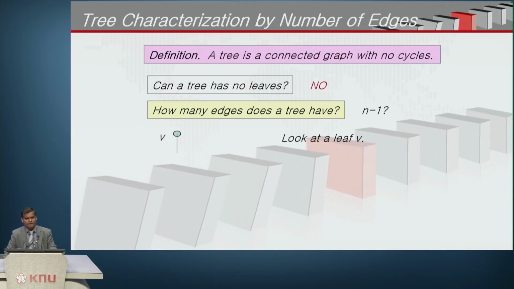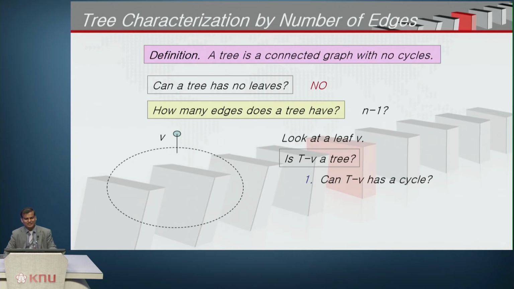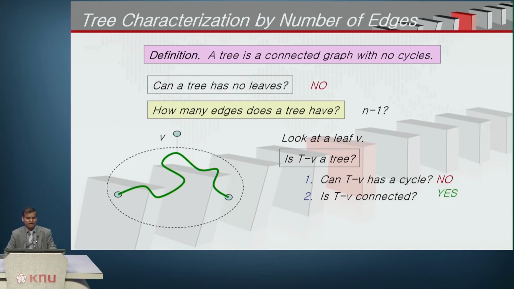Look at a leaf V here. Is T minus V a tree? Well, now you have to ask this question. Can this have a cycle? Is this connected? No, definitely it's not a cycle, and you can see they are connected by means of these other vertices that you are introducing here.